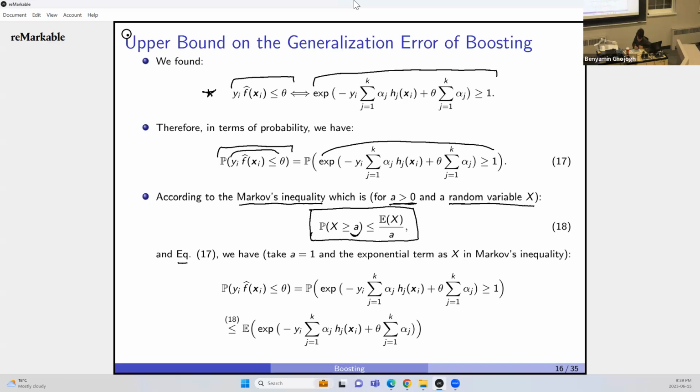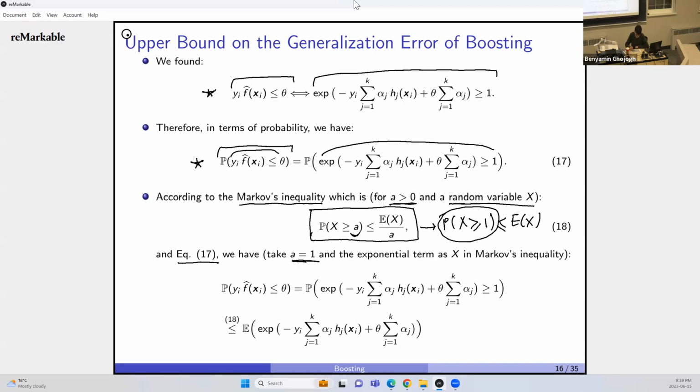According to this, and equation 17, what happens? We take a equals 1 in Markov's inequality. So the probability of x greater than or equal to 1 is less than or equal to the expectation of x, right? If you set a to 1. Then what happens? You tell me.